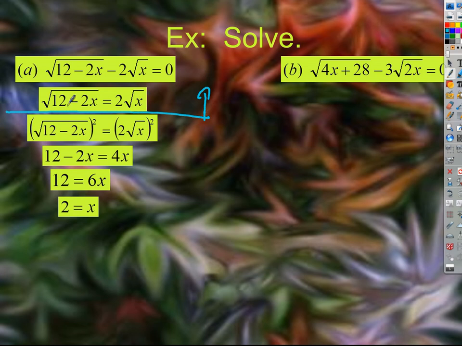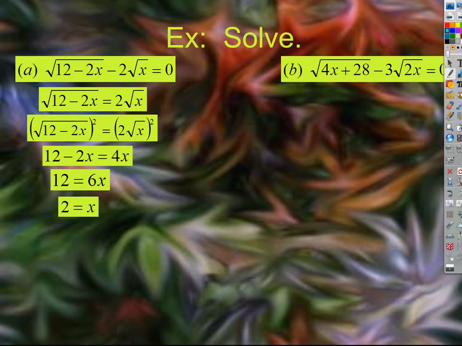I get the square root of 12 minus 4 is the square root of 8 equals 2 times the square root of 2. True or false? True, isn't it? Because the square root of 8 is just the square root of 4, times the square root of 2, which is 2 radical 2, right? So that checks out, okay?